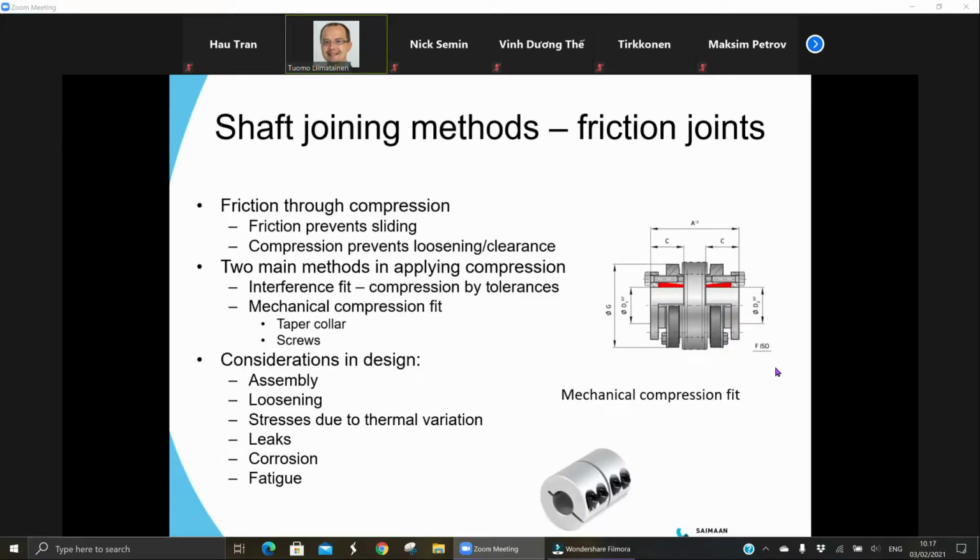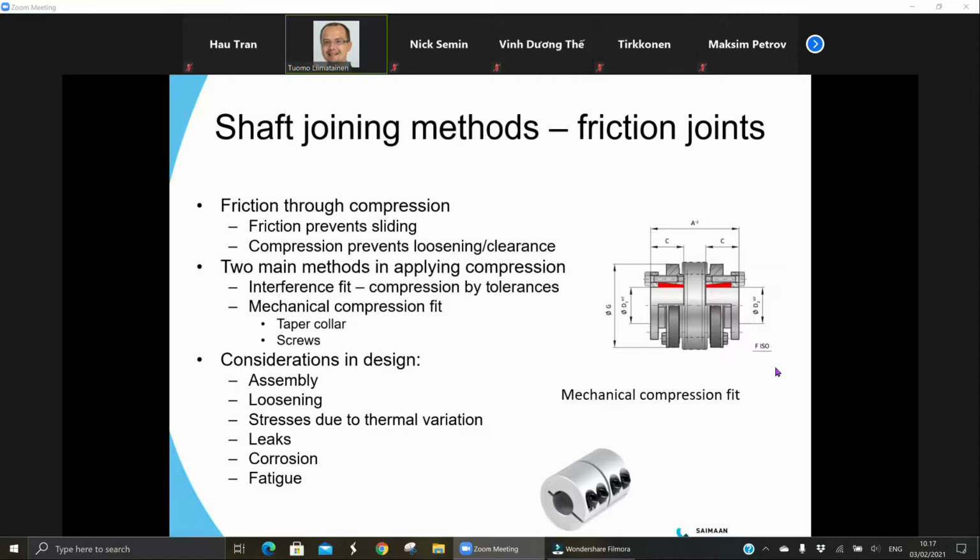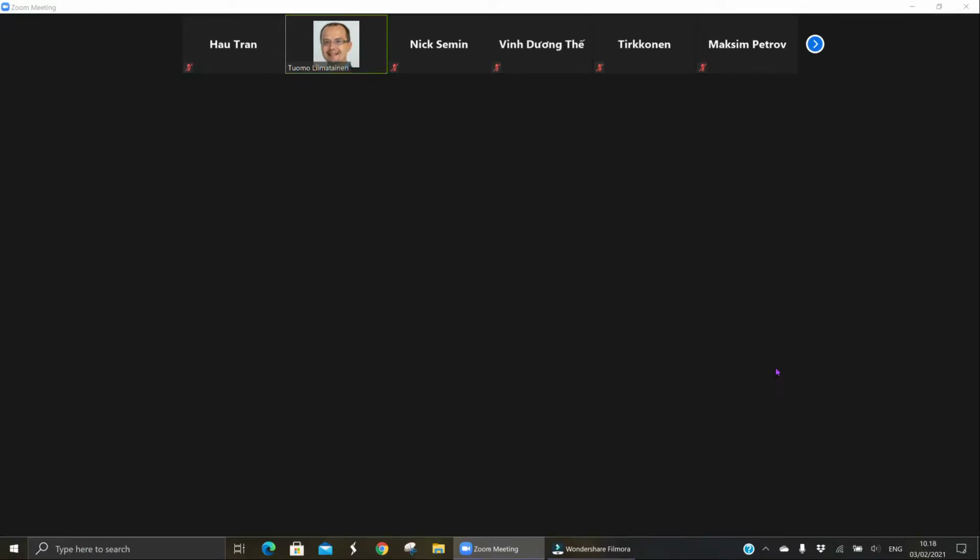Okay, so apart from the key joint that we learned last time, there are also other methods for joining shafts together, and one of the most used, especially for the larger diameter shafts, is friction.